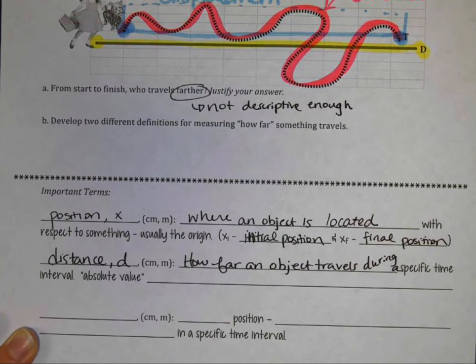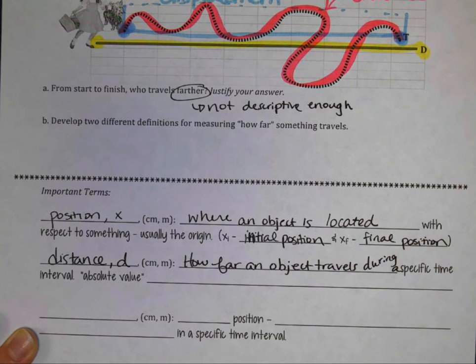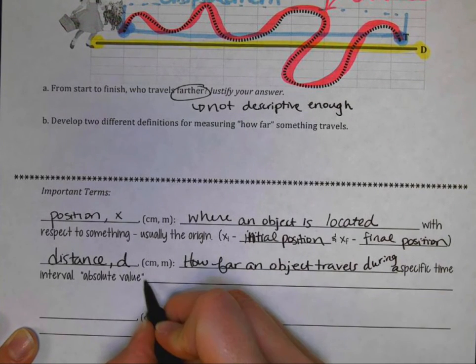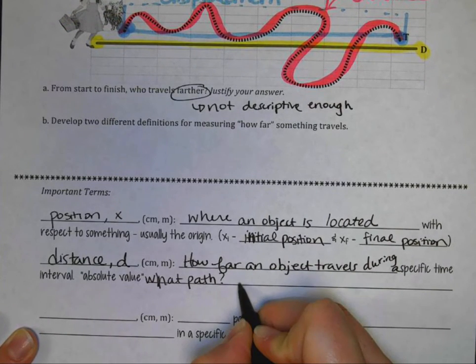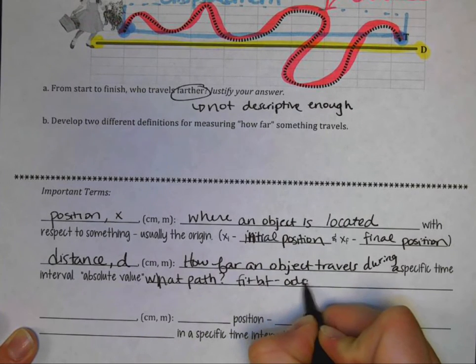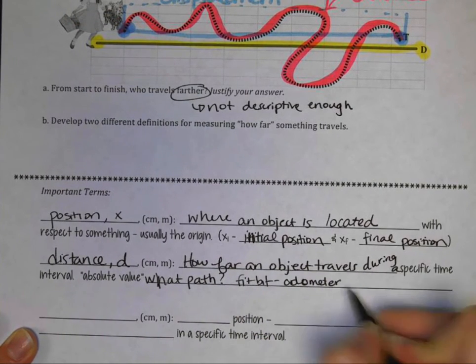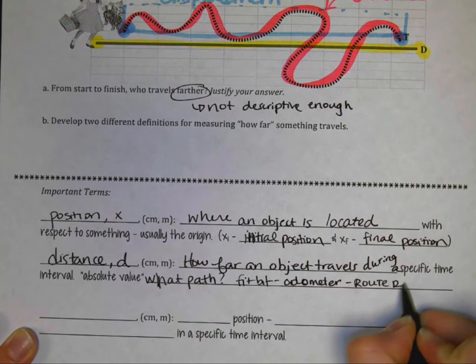So if you go backwards, you're still counting it. This is something like what path you took, or if you were to use a Fitbit or an odometer. Those are very route dependent.